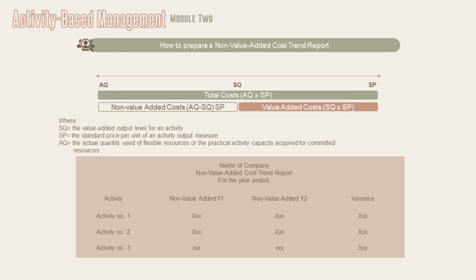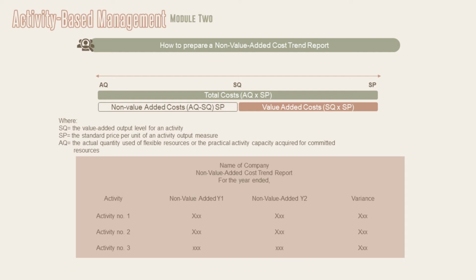Okay, so this report consists of at least 4 columns. The first column is the activity column. It is where we're going to list all of the activities involved in the firm. The second column is the non-value added costs for the previous year, where we're just going to indicate all of the non-value added costs for that year in each activity.